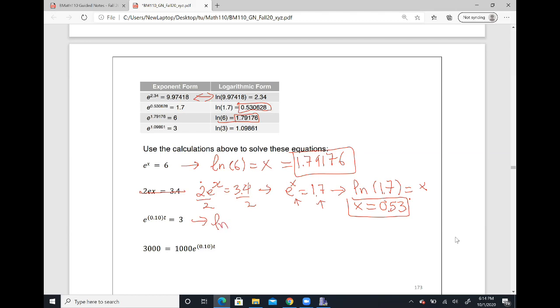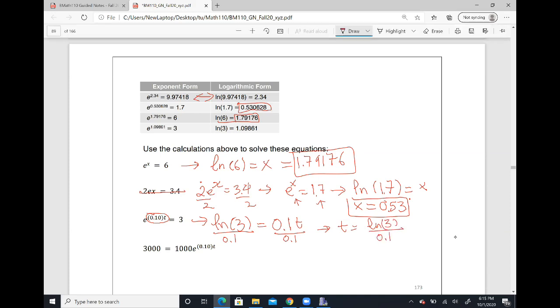So natural log of 3 equals the exponent, which is 0.1t. Now you are looking for t, so you need to divide both sides by 0.1. Now t will be equal to ln 3 divided by 0.1.